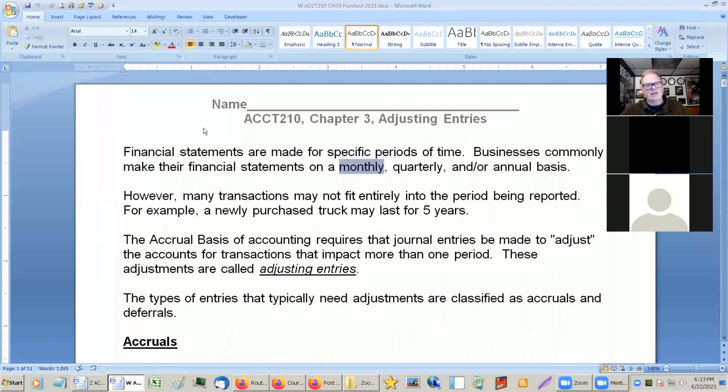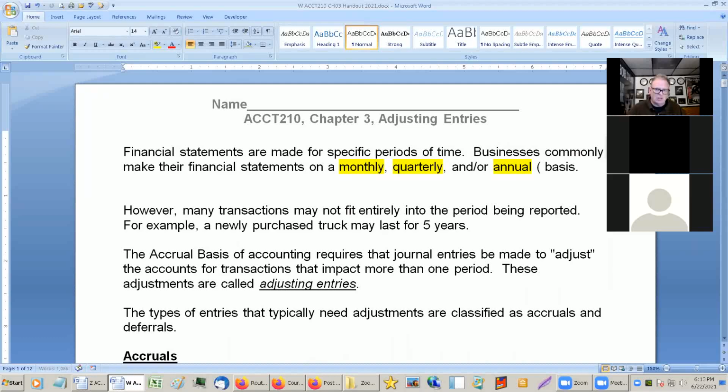Okay, we just talked about how commonly sometimes companies will do financial statements monthly, quarterly, or annual, which is yearly. So quarterly, monthly, yearly, those are the timeframes usually companies have.